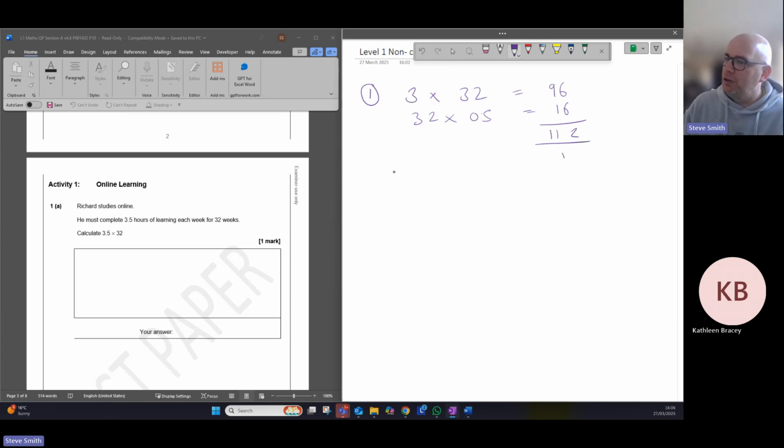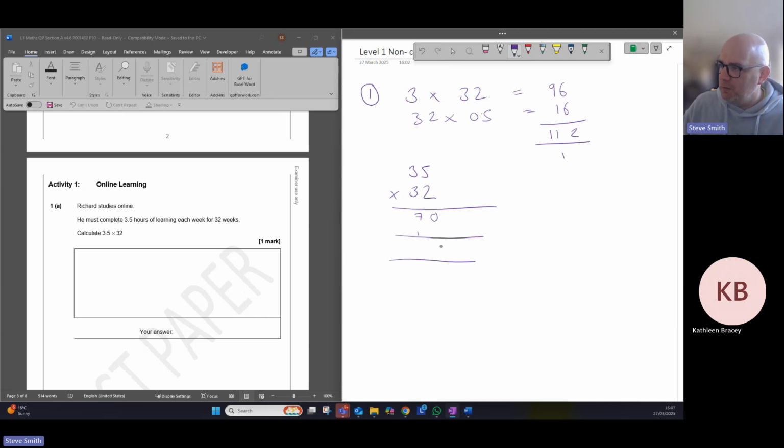The second way, we could just show it as 35 times 32. Once we've taken the decimal place out, we'll do it as a normal double digit multiplication. 5 times 2 is 10. 3 times 2 is 6, add our spare is 7.